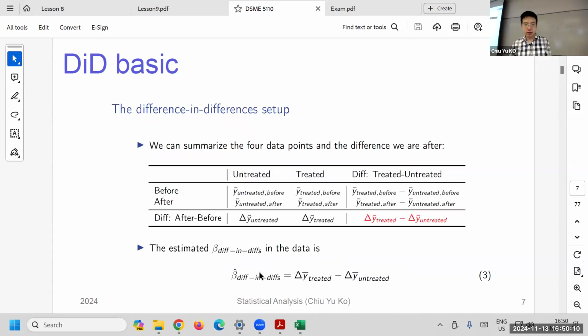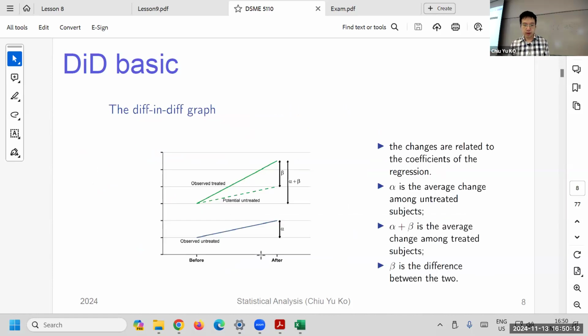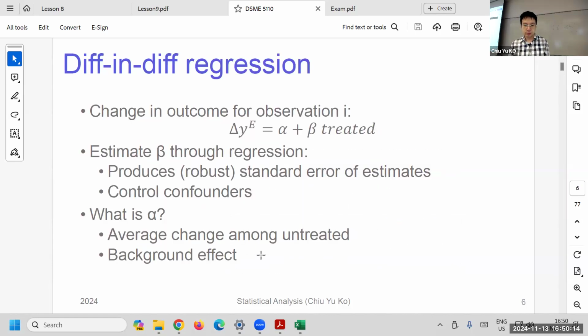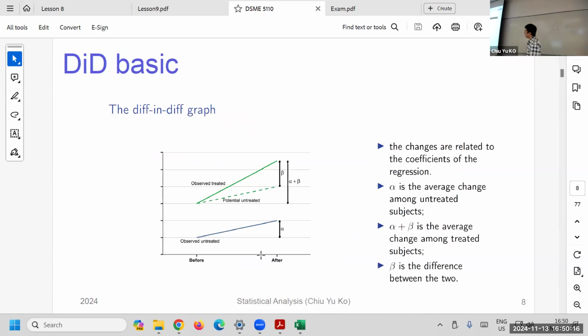Do I have an example here? Okay. So the idea is like this, the graph. If you look at the group that's untreated, they don't have a master's, they go up by alpha, maybe just because the economy is getting better.